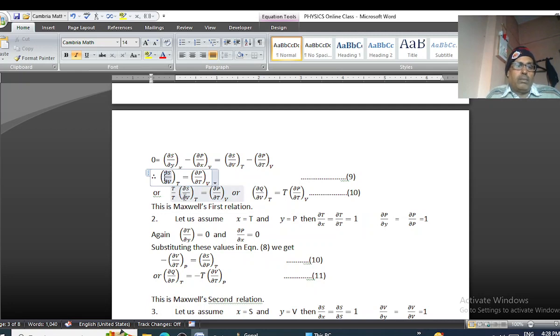One option is this, another option is you can multiply T on this side and on this side. So TdS is equal to δQ, and ∂V as it is, T ∂P/∂T. This is the Maxwell first relation.